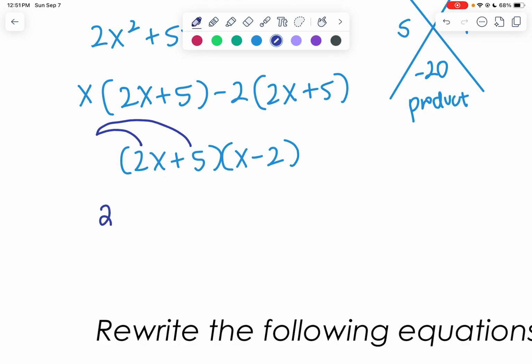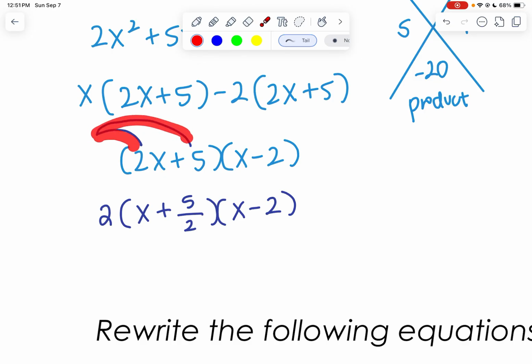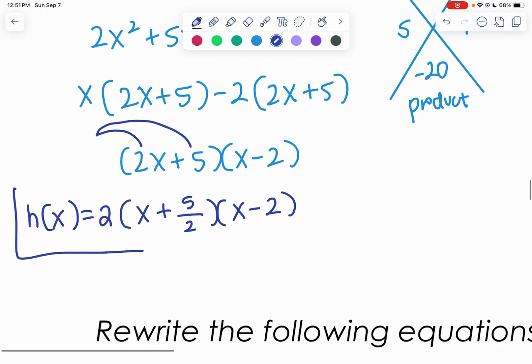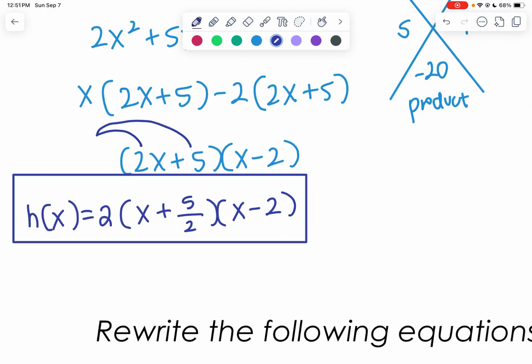So that would be 2 times x plus, if I take out a 2, that would be divided, right? You're undistributing. So 5 divided by 2. And then that would be x minus 2, because this 2 was only distributed to the first factor, right? And then that's it. h of x equals 2 times x plus 5 over 2 times x minus 2.